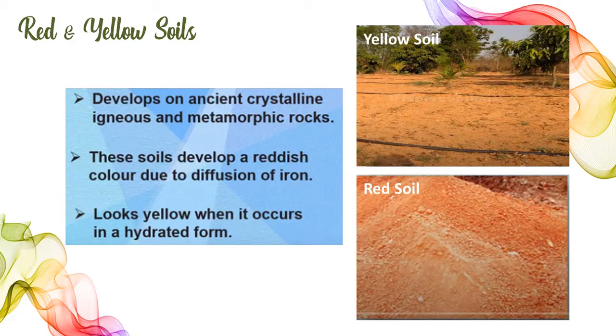In the areas where it receives a high amount of rainfall, the soil appears yellow in color. This kind of soil is found in parts of Odisha, Chhattisgarh, southern parts of the Middle Ganga plain and along the Piedmont zone of the Western Ghats.